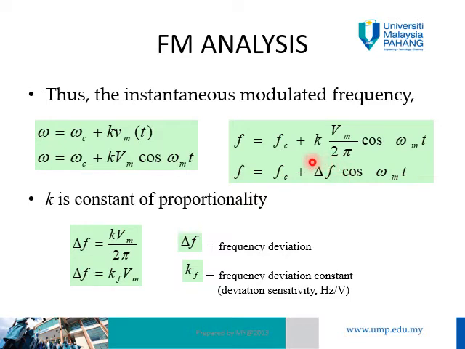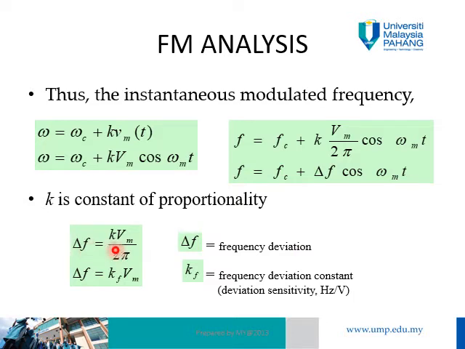So this k Vm over 2 pi, we change into delta f. So delta f is k Vm over 2 pi. k is the constant of proportionality, and delta f is the frequency deviation.